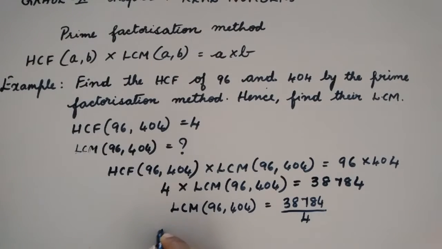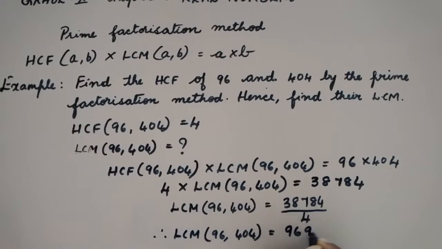So we get LCM of 96 and 404 will be equal to 9696. So this is the LCM of 96 and 404. Is this clear, students? How to find the LCM of two positive integers using this result?